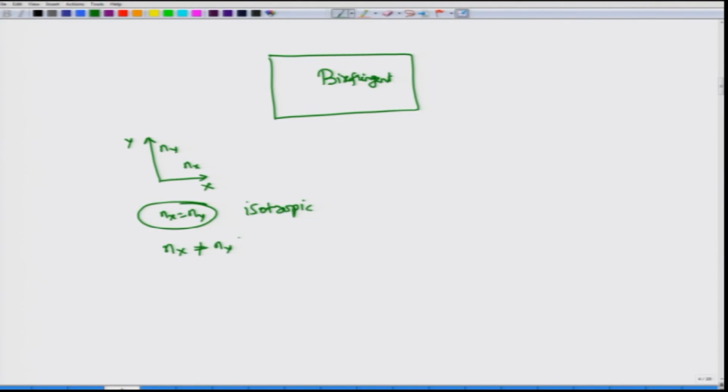Anyway, that was just a digression. What we really are looking at mathematically is a pulse which is propagating in a medium with nx not equal to ny, and such a medium is called a birefringent medium, or in general an anisotropic medium.